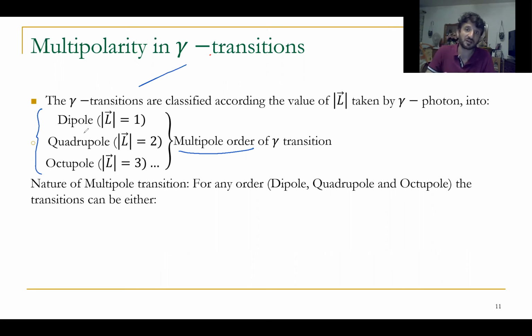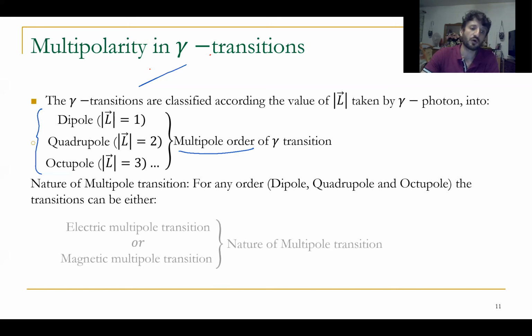So here we have to specify the identity of L, if it's dipole, quadrupole, or octupole. The second point, we have to find the nature of this multipole.